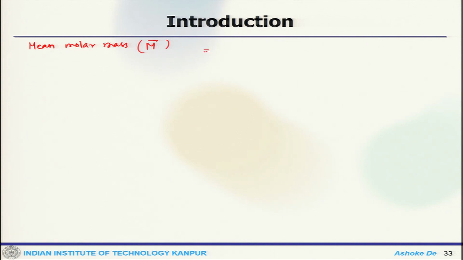So, the mean molar mass will be the summation of xi times Mi, that is, each species' molar mass multiplied by its mole fraction, which gets you the mean molar mass. Here S is always the number of species involved in the system. So, one can correlate the mole fraction and mass fraction nicely.